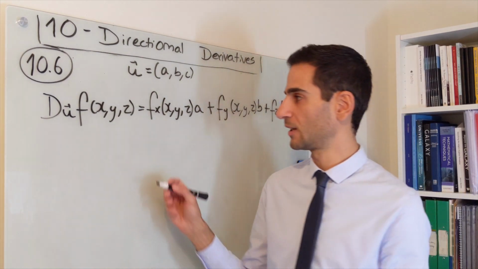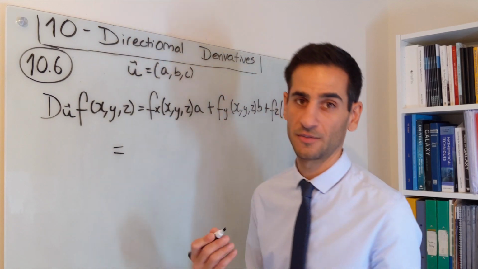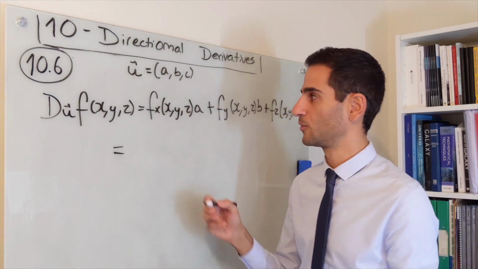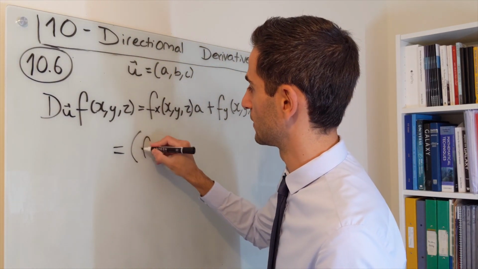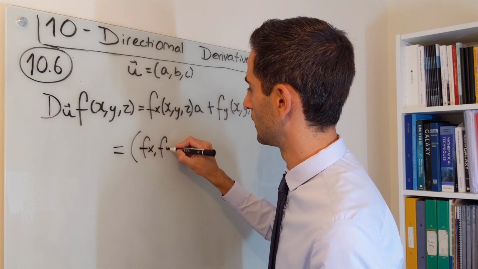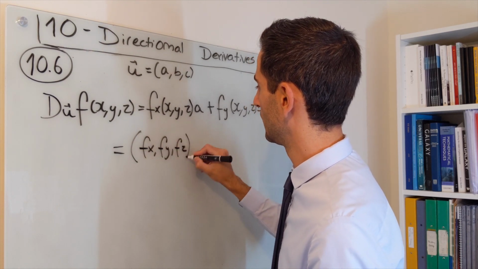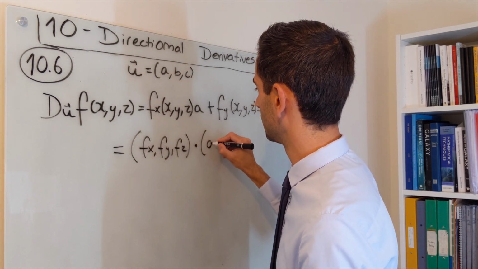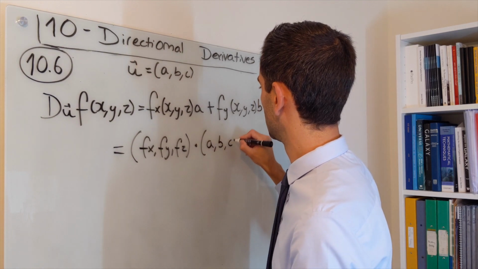A simple way to write this is just in terms of components in a vector form. So you can write this as fx, fy, fz with the dot product a, b, c.